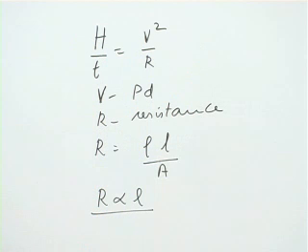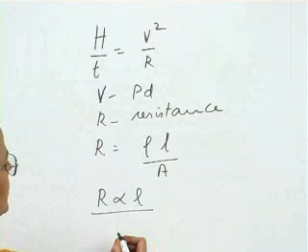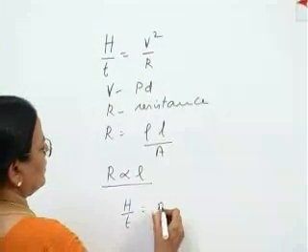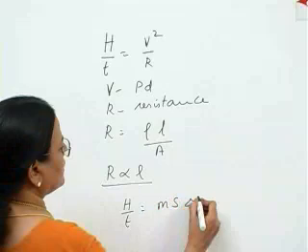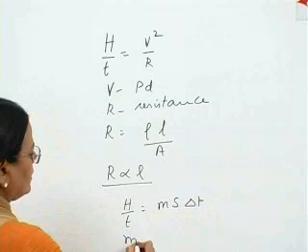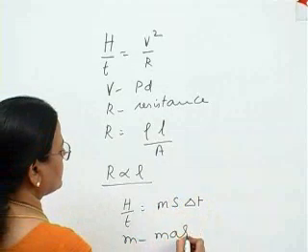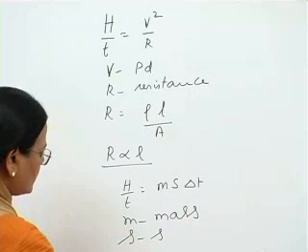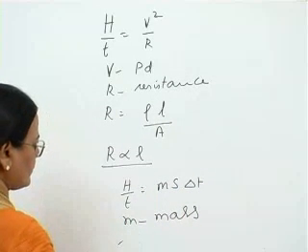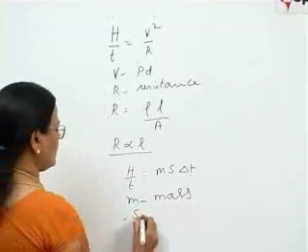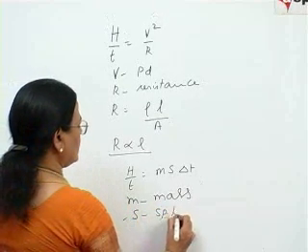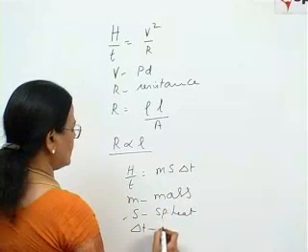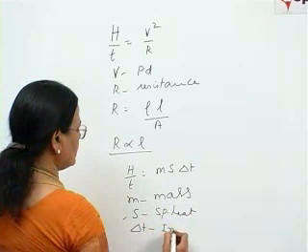So according to calorimetry, the heat produced is given as m s delta T, where m is the mass of the substance, S is the specific heat of the substance, and delta T is the increase in temperature.